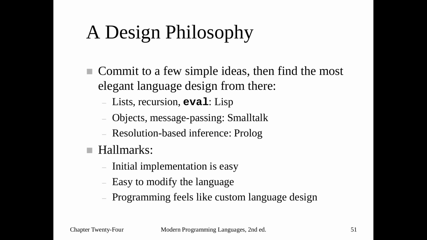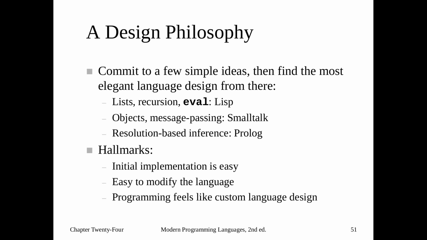Smalltalk, objects, and message passing. In Prolog, which we'll talk about, they have the basic concept, resolution-based inference. That's it. The hallmarks for good design of languages: initial implementation is easy, it's easy to modify the language, and programming feels like custom language design.